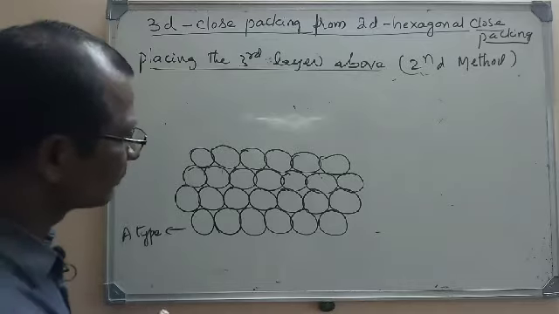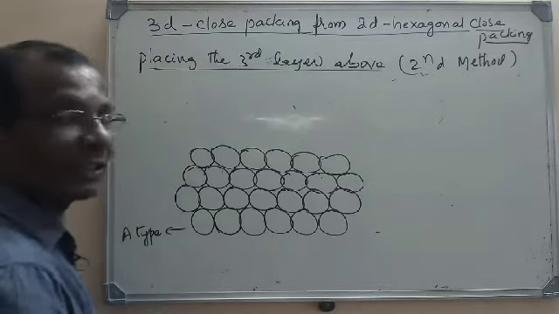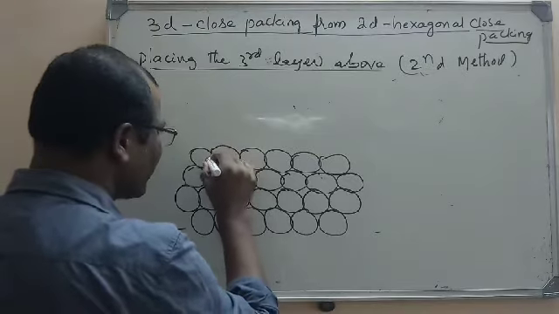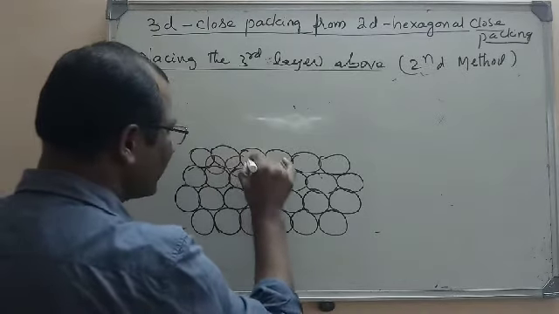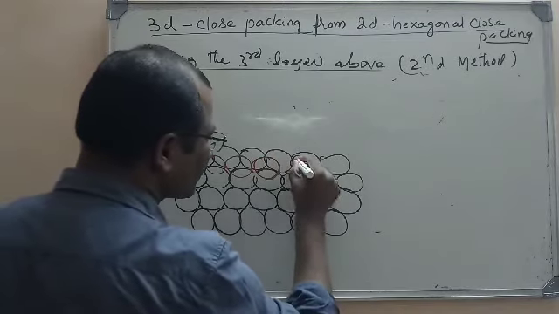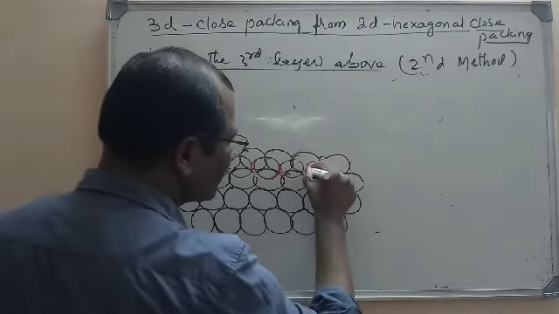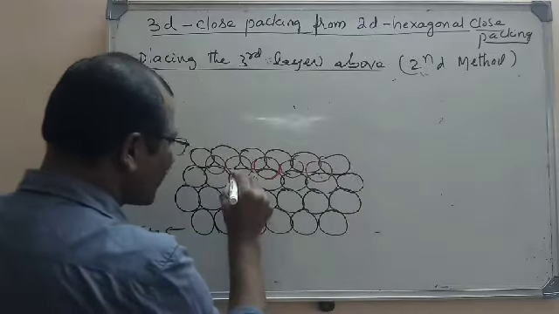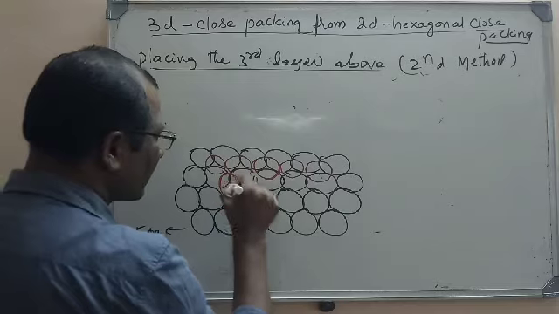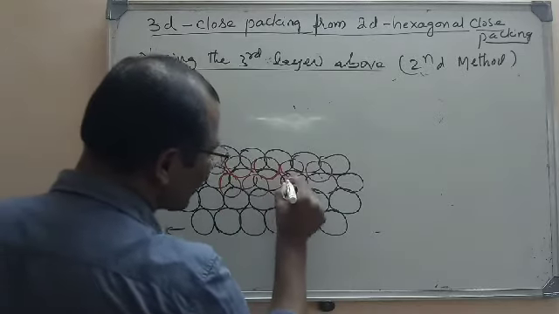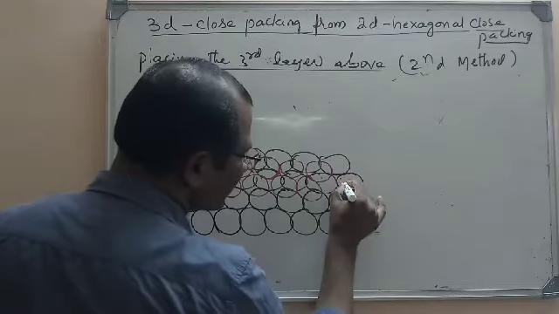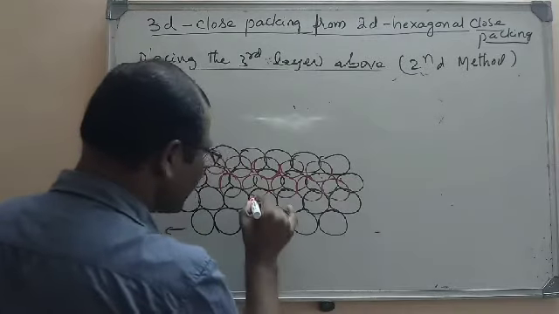So this is the first layer. Now I told you how the second layer is laid: by covering the tetrahedral voids of the first layer, we keep the second layer in such a way that the triangular voids of the second layer are always kept covering the triangular voids of the first layer.